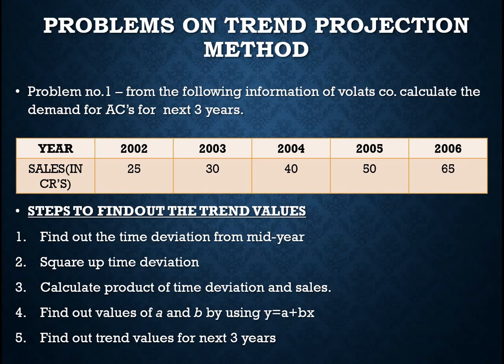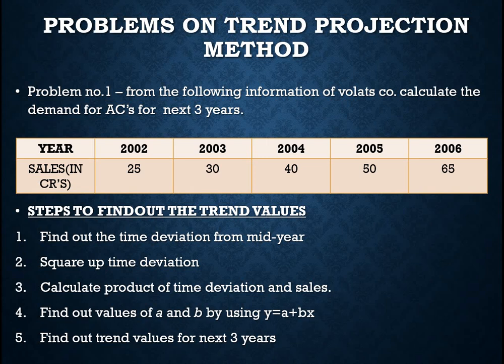In that, we have to follow a certain set of steps to find the trend values. Now we'll see those steps. First, find the time deviation from the mid year. Second, square the time deviation, that is, square whatever time deviation we get.